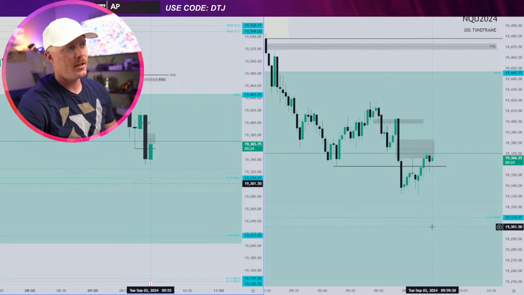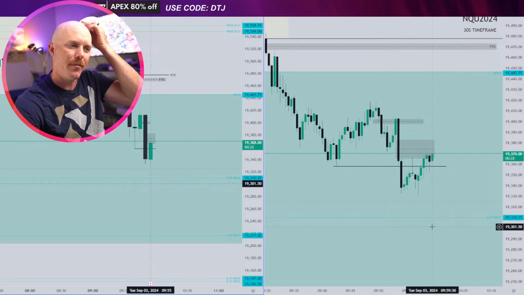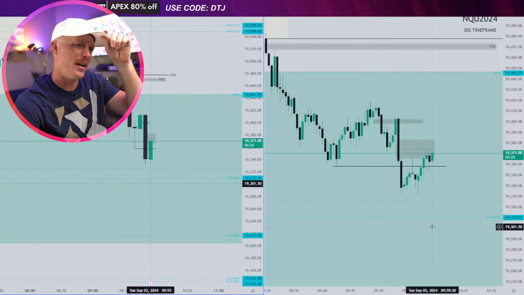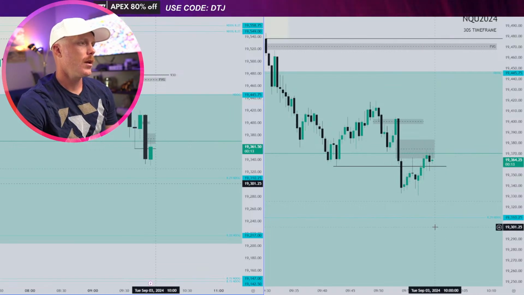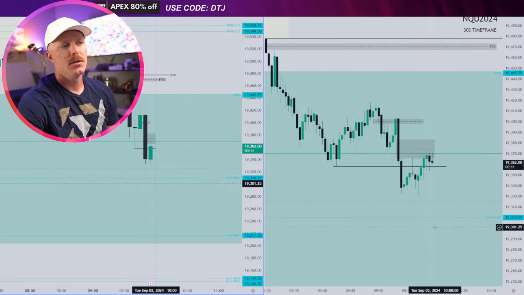Depending on the volatility of the 10 o'clock candle will determine if I'm going to take it or not. I don't know if I'm going to take it right on the news candle. That seems a little foolish.